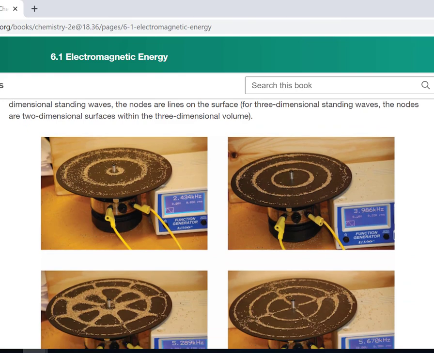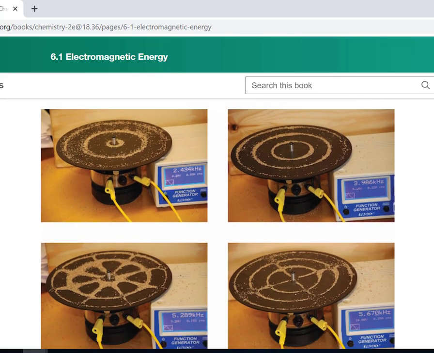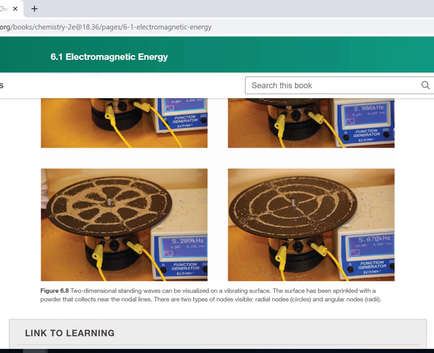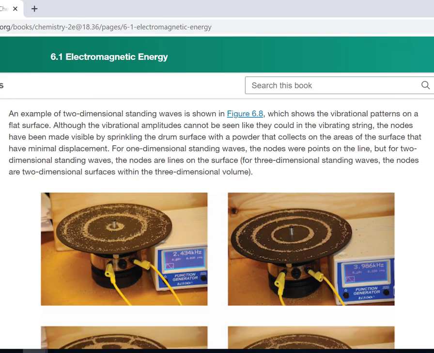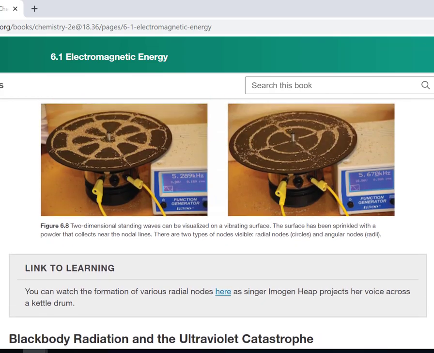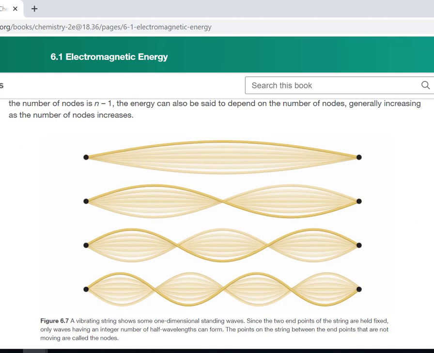And then here's some additional examples of wave behavior where you can get a node. It looks like someone had a neat little project here that they wanted to share in this book. So those are some ideas about waves that will be important for then looking at how this relates to electrons and how our understanding of waves has changed related to the discovery of electrons.